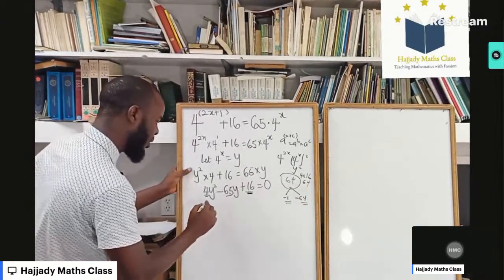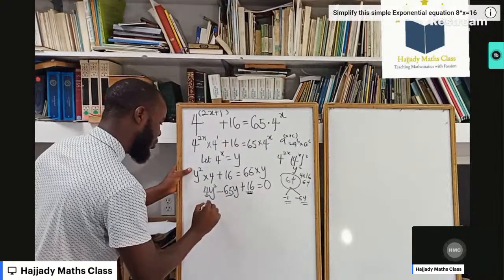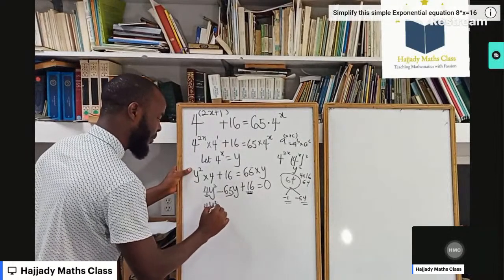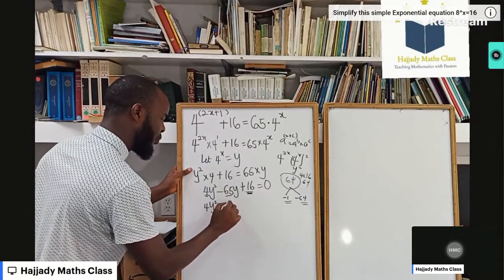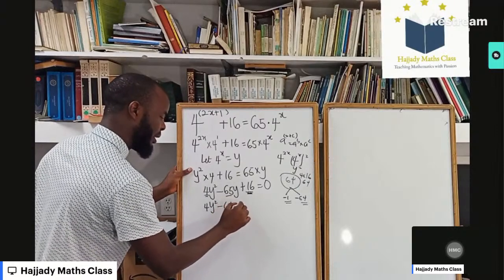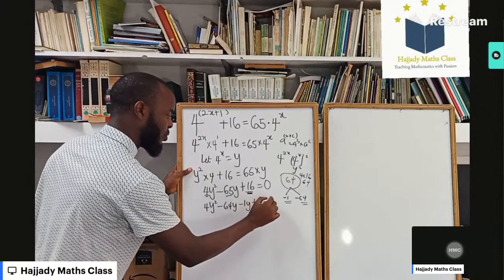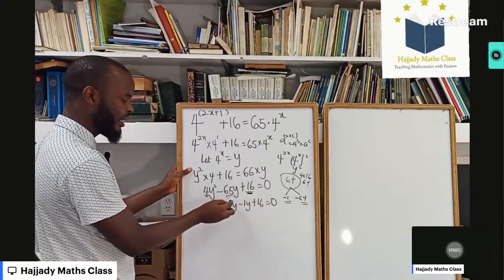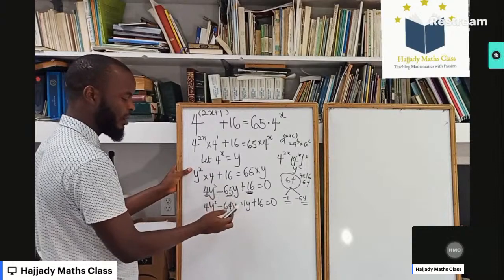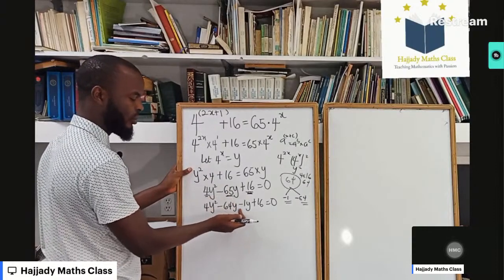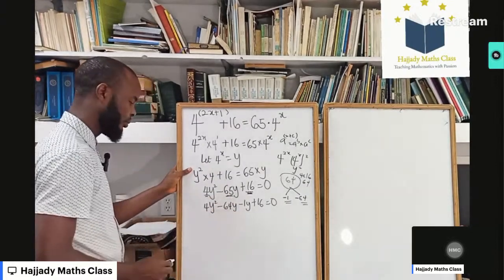So using these two factors here, I'm going to have for 4y squared -64y -1y plus 16 equals 0. So I'm replacing -65y by these two terms, -64y and -1y.